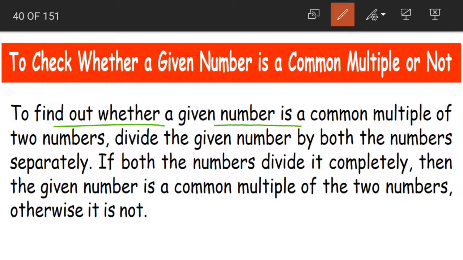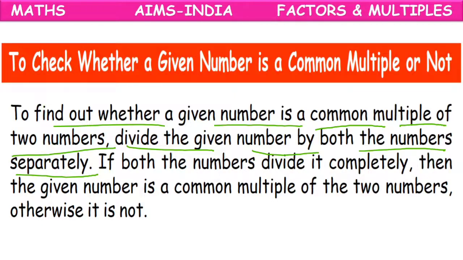So to find out whether a given number is a common multiple of the two numbers, divide the given number by both the numbers separately. We'll have two or more numbers, then only we can find the common multiple. Yes or no, children?